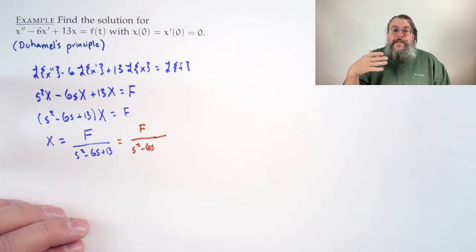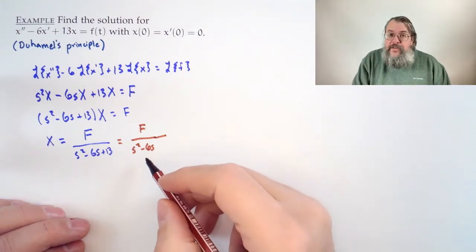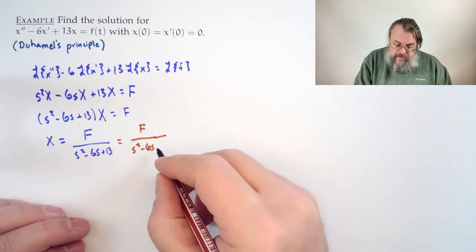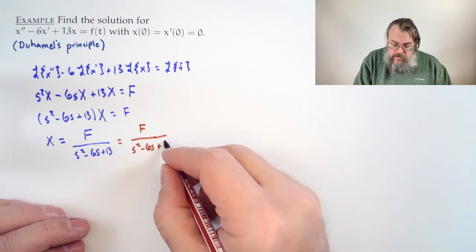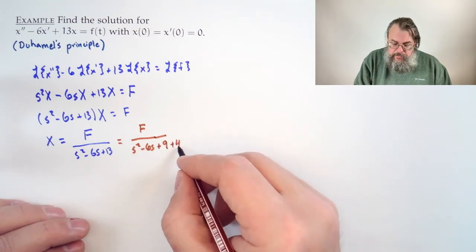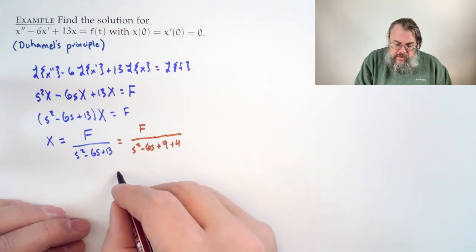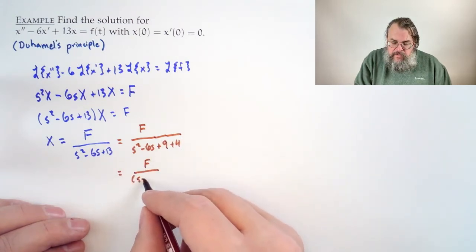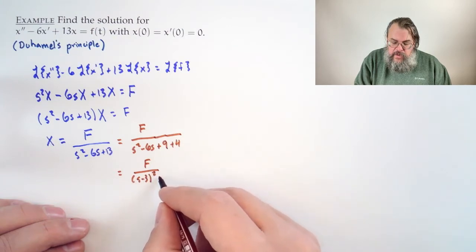What would complete us? Well, you take that minus 6, divide by 2, gives us minus 3, and then you square that. That's a plus 9. So, well, I'm supposed to get to 13, so we'll add 4 more. So we say, okay, so that's really F over s minus 3 squared plus 4.